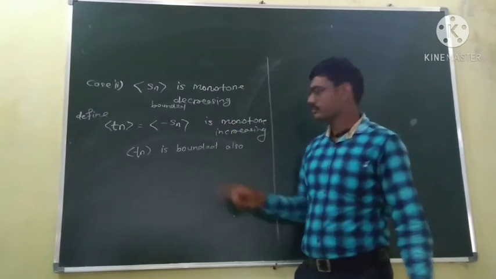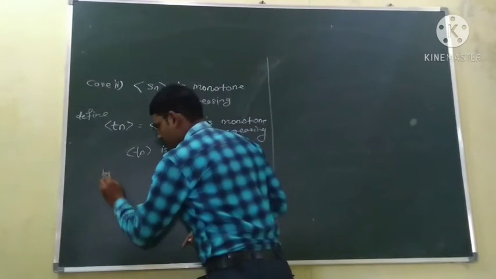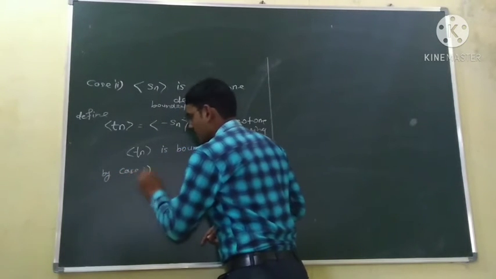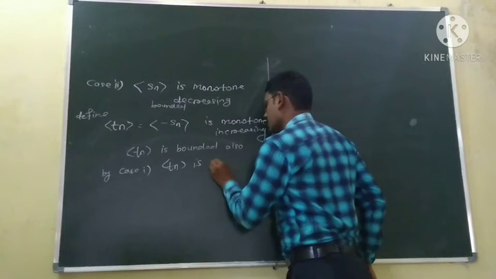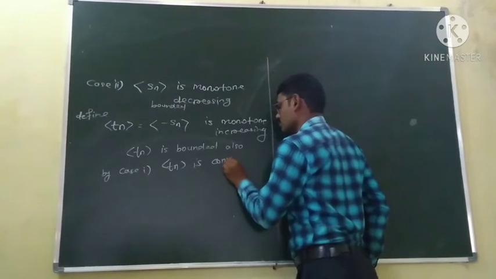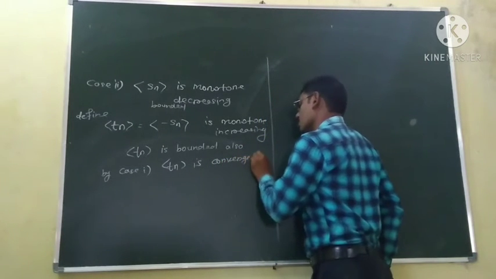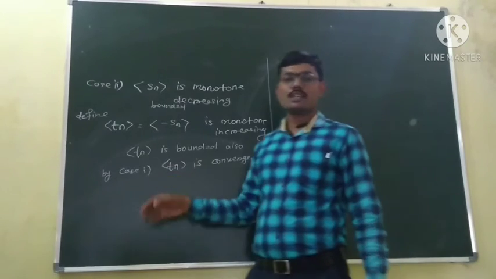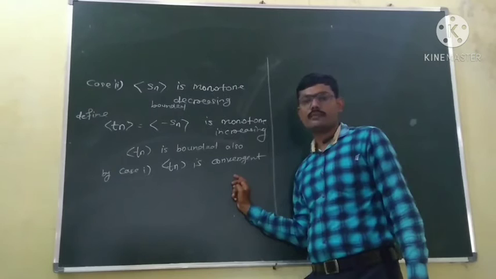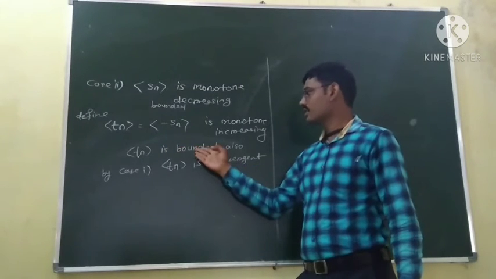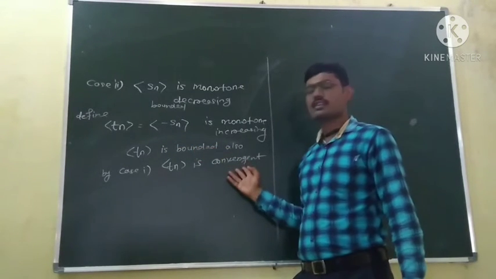So by case 1 of this proof, Tn is convergent. What is case 1? A sequence which is monotonic increasing and bounded is convergent. So here Tn is increasing and bounded, so it is convergent.